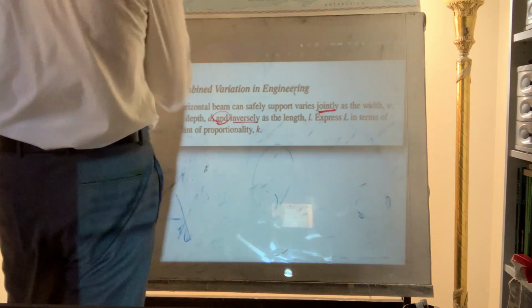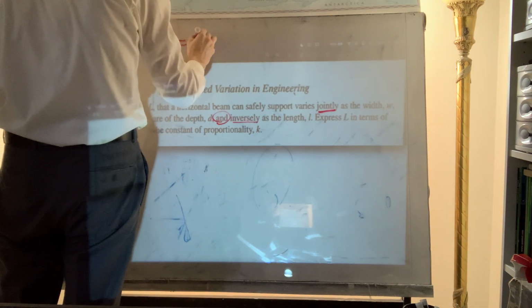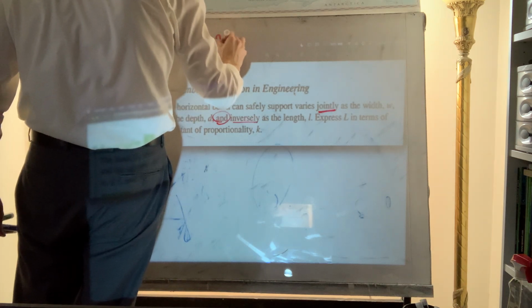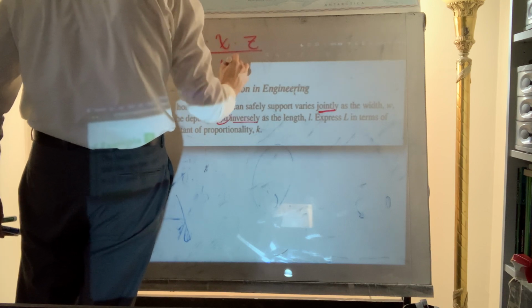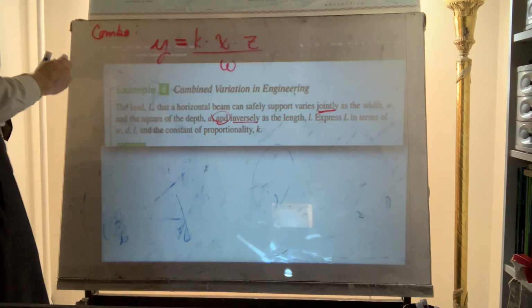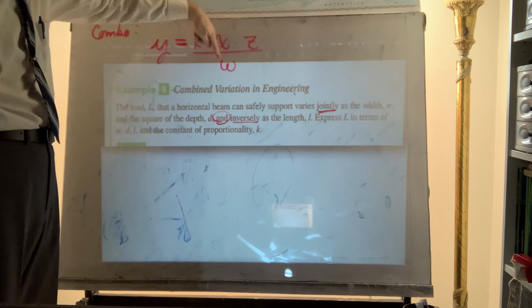All right. Let's start with the model. Y is equal to a constant times an x variable times a z variable, all over a w. Eventually what happens when you do this enough, you go, okay, that's the regular ordinary number, these are the inputs.